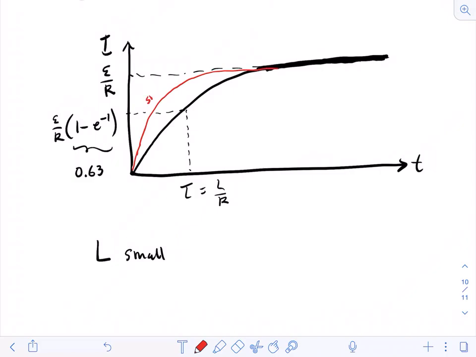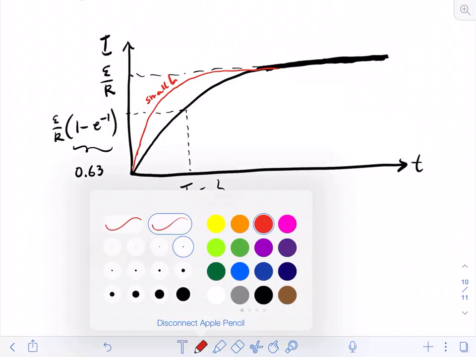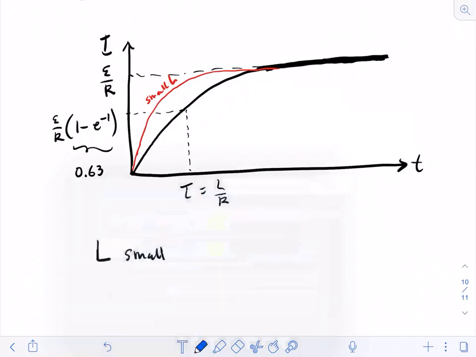This is small L. If you made tau large, then the time constant would be a large number, and it would take a long time for our current to reach equilibrium.